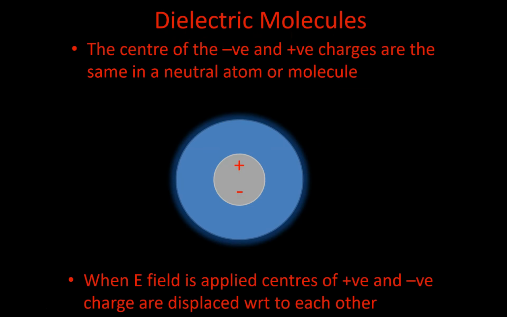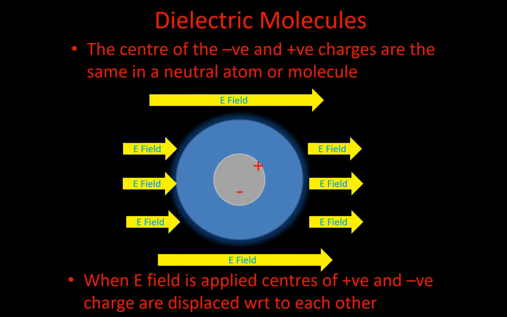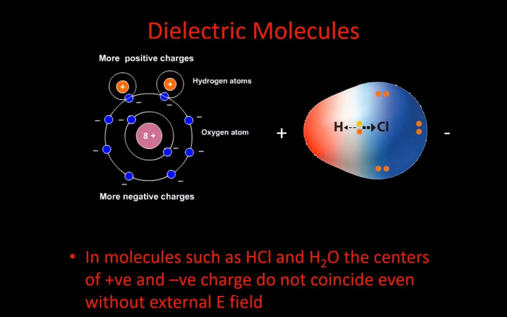Apply an electric field, though, and this will actually influence the charges and pull the negatives and the positives off center. You can think about dielectric molecules as anything where one end of a molecule is very electronegative and the other end not so much. So think back to basic chemistry. By dielectric, we're talking about something like this.